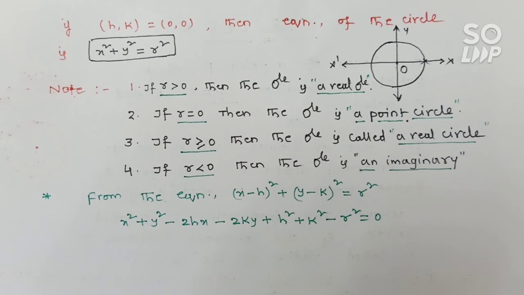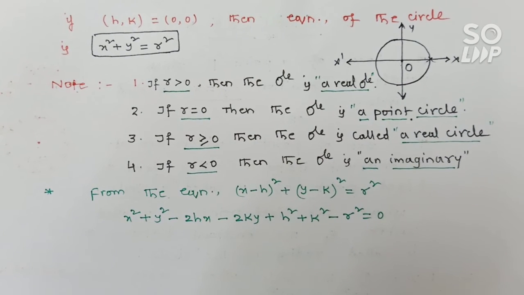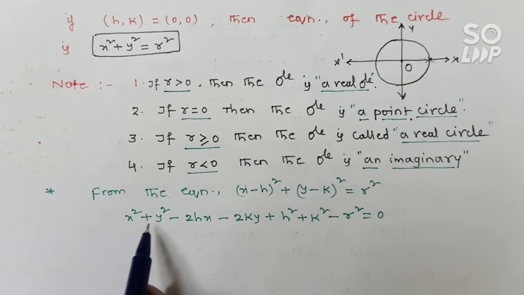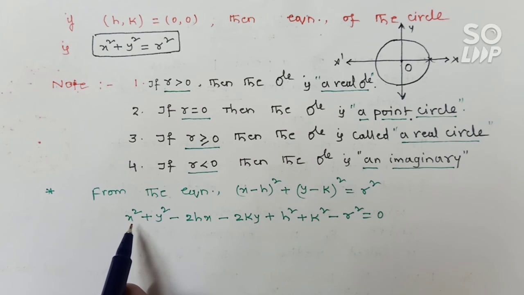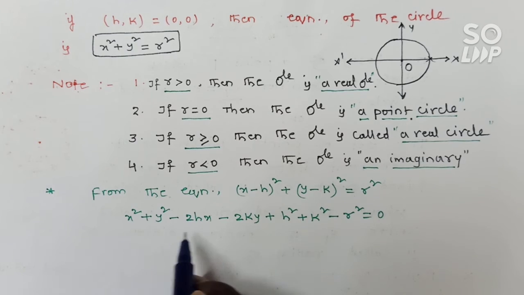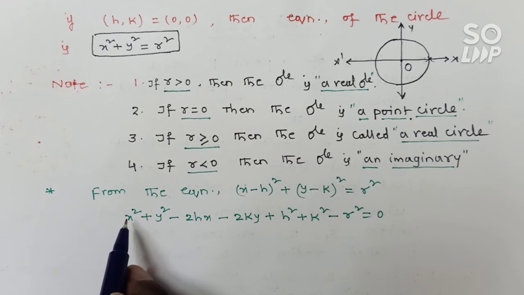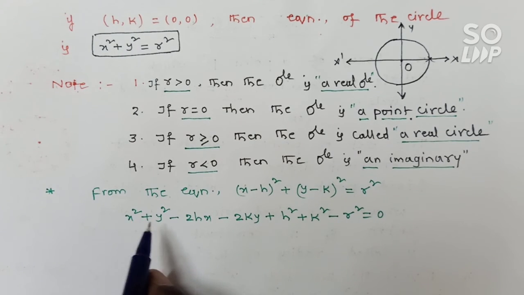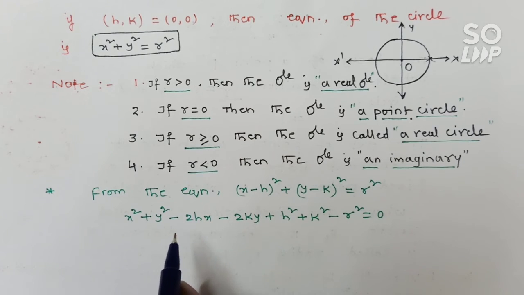Now all of you observe this equation. What is the highest power in this one? 2. And how many variables are in this one? 2 variables. One is x and the other one is y. So here you can say this one is a second degree equation in x and y.